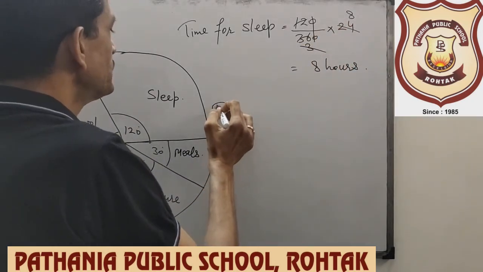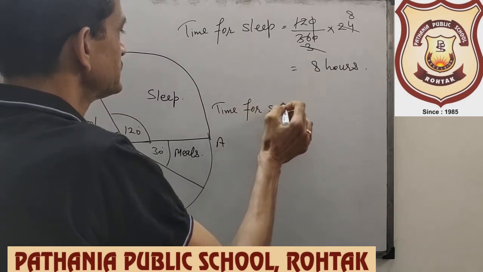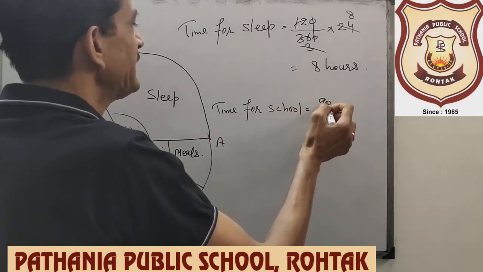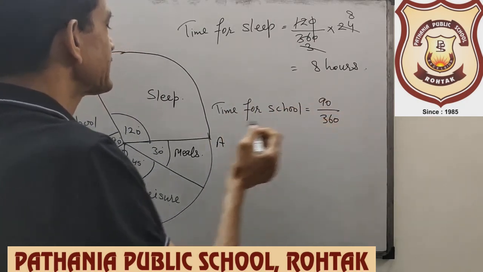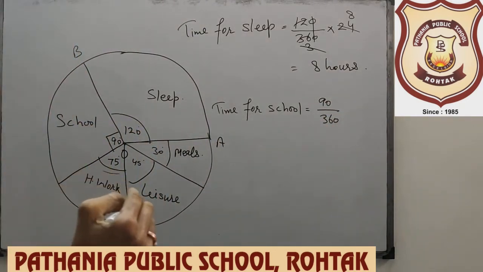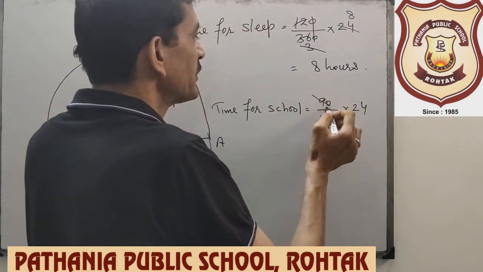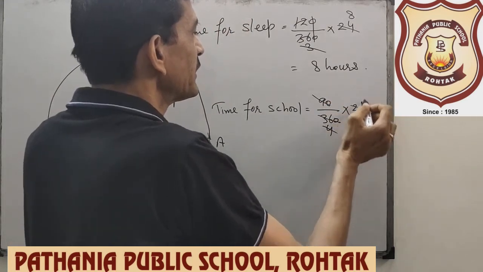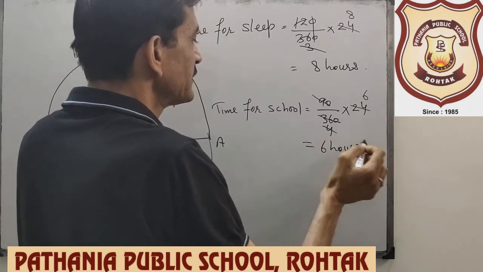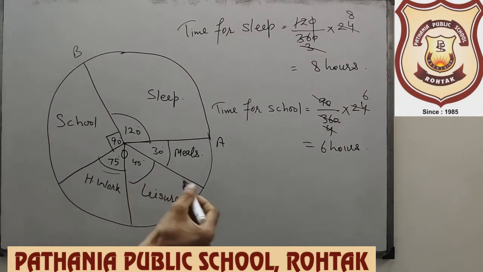If total time is given, suppose that 12 hours, 8 hours, then use that here. Now time for school. What is the angle for school? 90 upon 360, 90 degrees out of 360. 90 by 360 into 24. This is 6 hours. Suppose that time is required for meals.